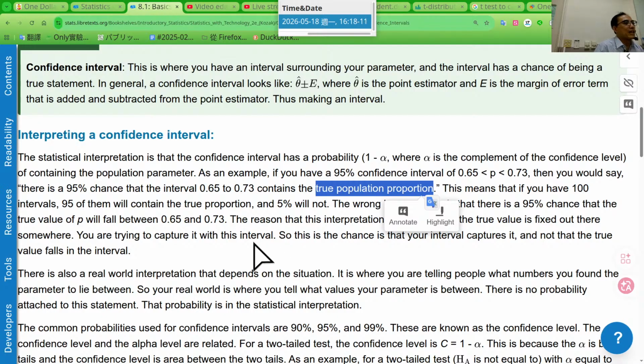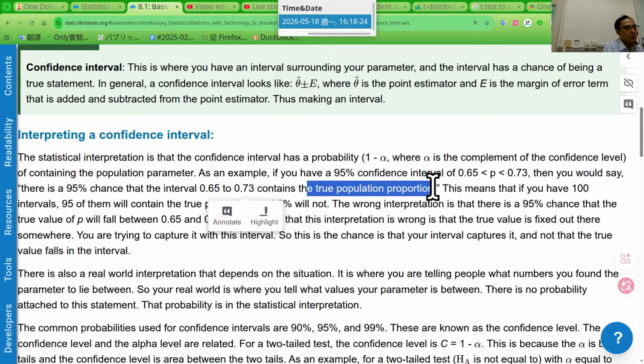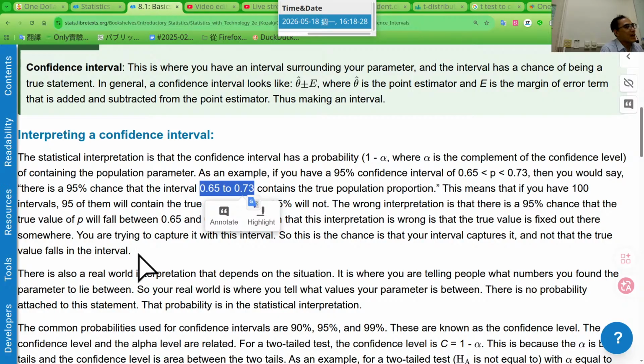But after our calculation, we believe from the estimation that the true population proportion is in this range with 95% confidence. But you may ask, how about the other 5%?